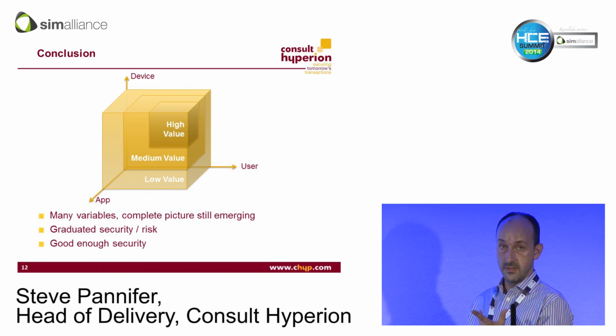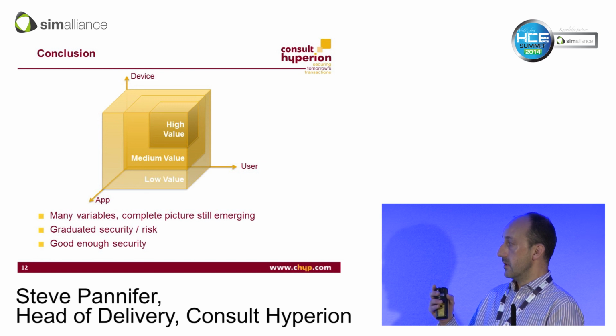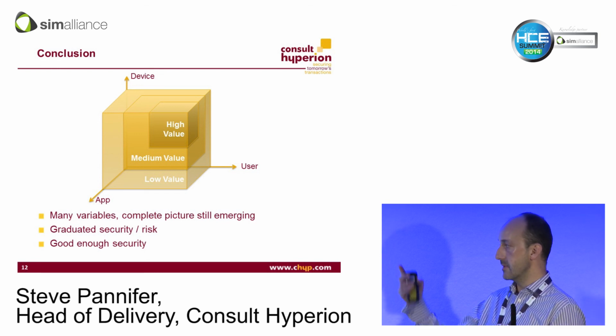and the likelihood is that there will be a need to adopt some kind of graduated scale of security and risk, particularly if you want to launch an HCE application onto a whole range of different devices, because every device is different. So I think we probably need to be thinking about when all those three things come together and you combine them, they give you enough confidence, then maybe go for something high value.